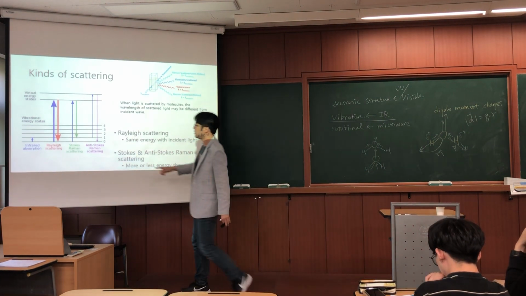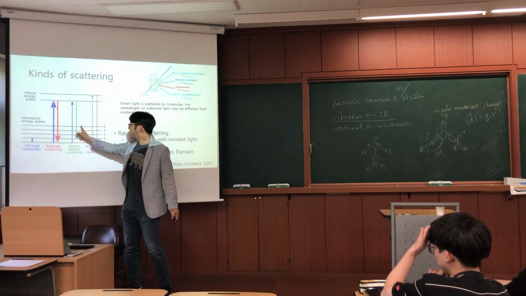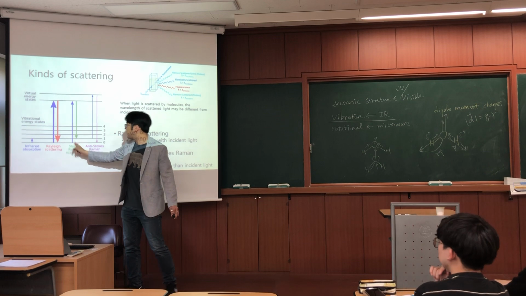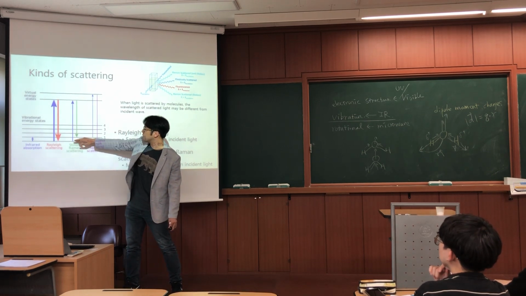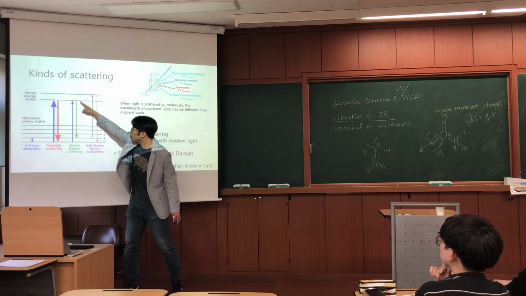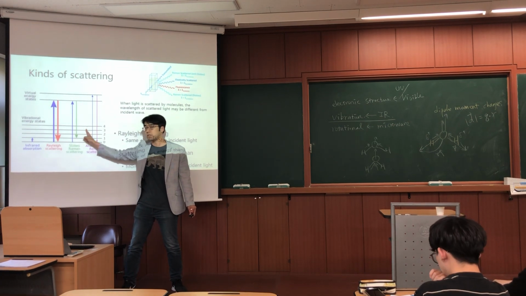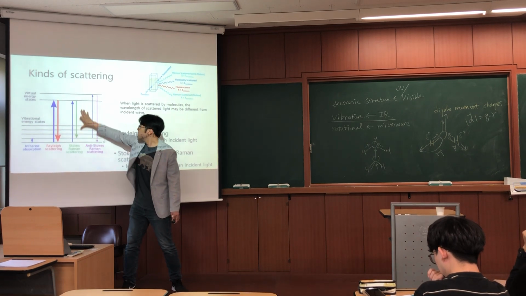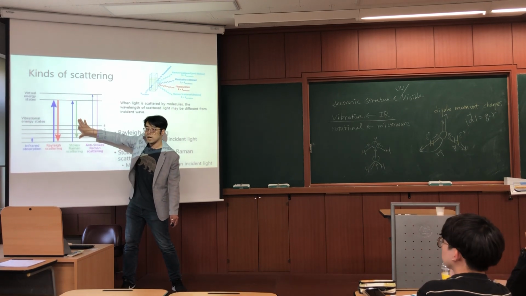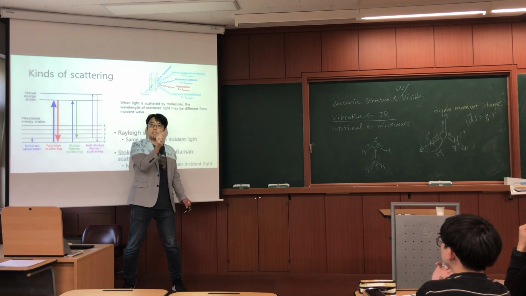But sometimes, if we hit the molecule, it absorbs energy but comes down not to the ground state but to this state. Then it emits less energy than it absorbed. So the scattered light has less energy than the incident light. This one is incident light.